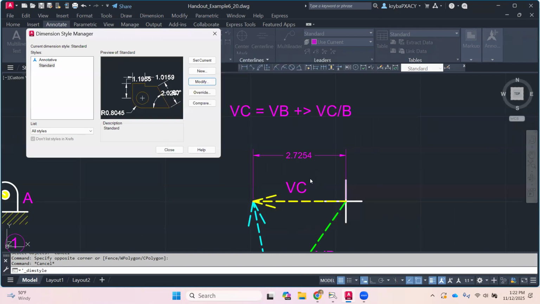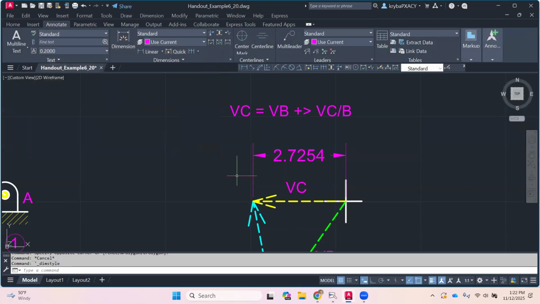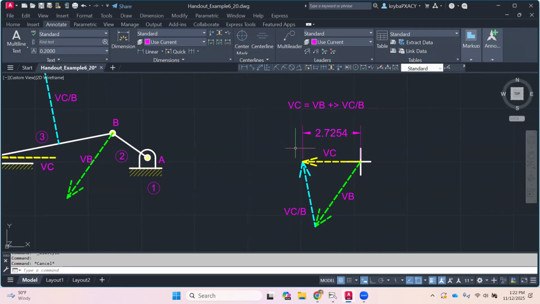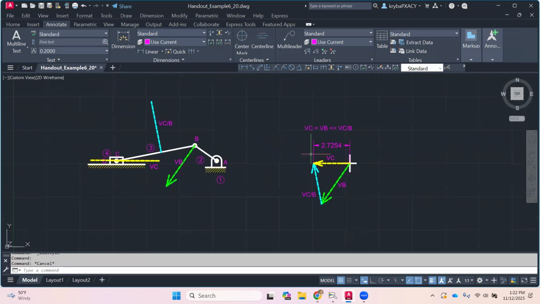That should set as current and close. There we go. Yeah, it's a little bit bigger so we can see it. Remember, when you take a screenshot, they don't have to be the exact same size, but you want to make sure that I can read all of the values, dimensions, and individual items.